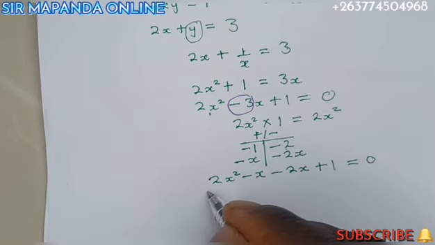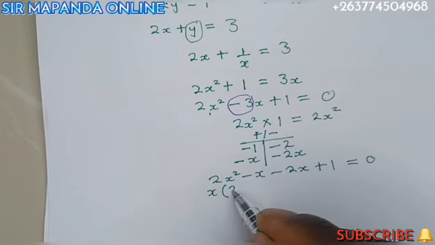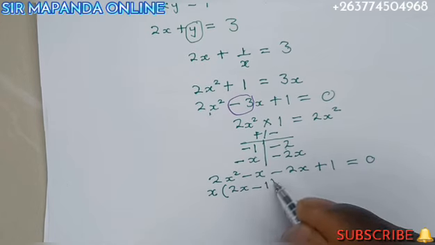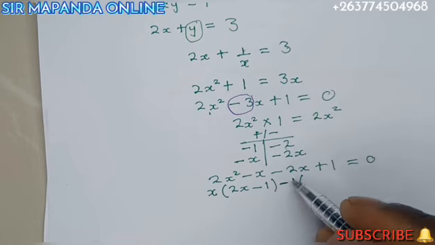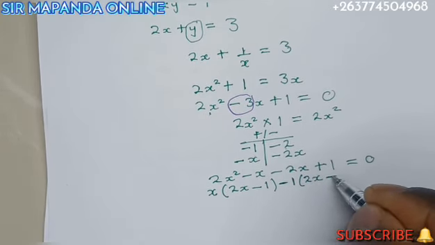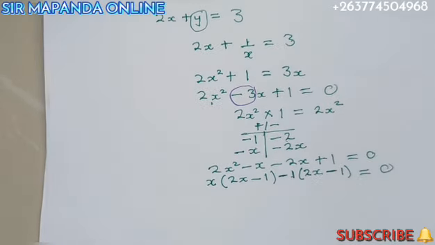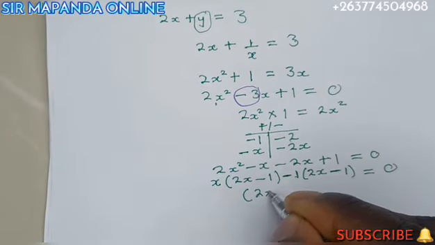On this one, you factor out x. x into 2x squared, you get 2x. Then x into minus x, you get minus 1. Then you factor out minus 1 here. Minus 1 into 2x, you get minus 2x. Then minus into plus, you get minus. 1 into 1, you get 1. Then you say is equal to 0. I hope you are following. So you get 2x minus 1.